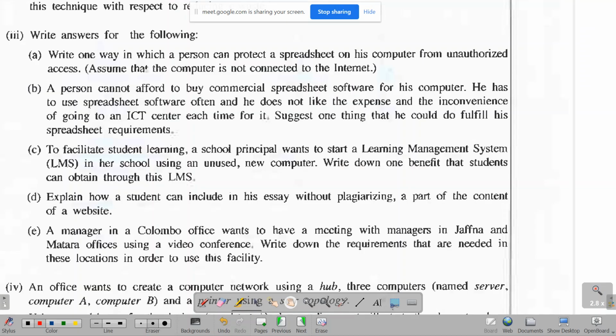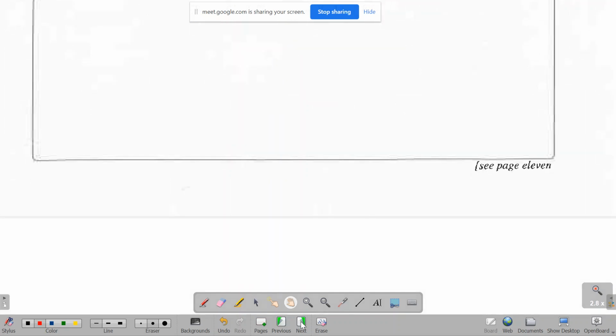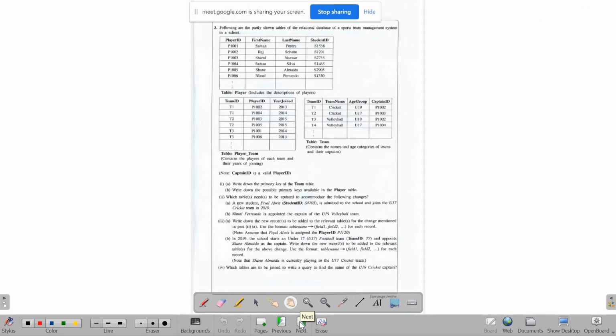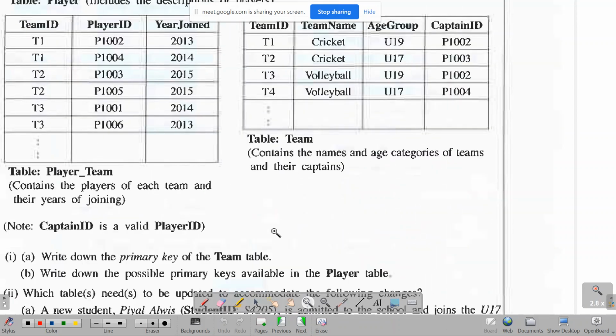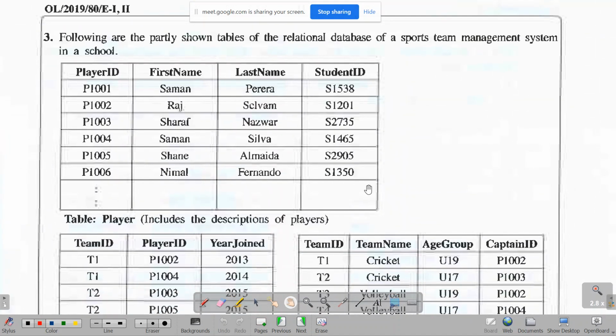So moving to the third question. Okay, so the third question is about the database.